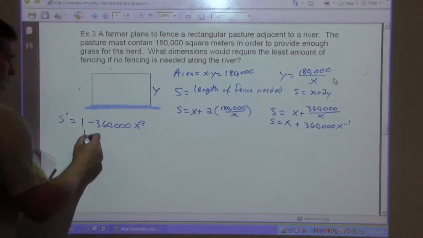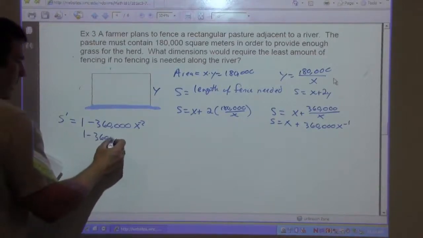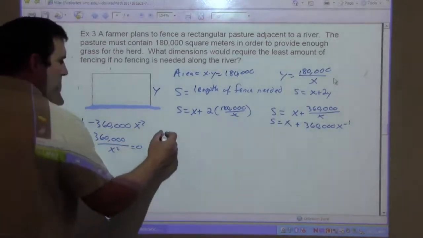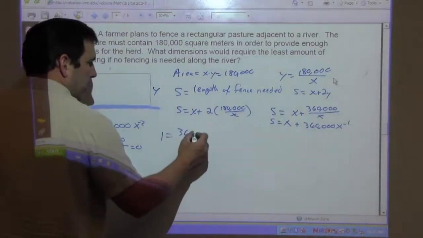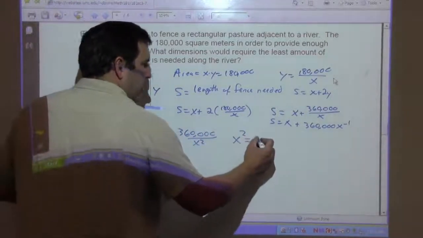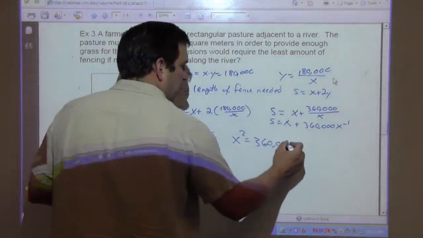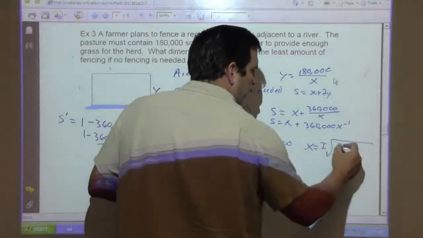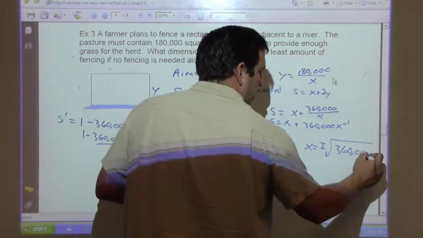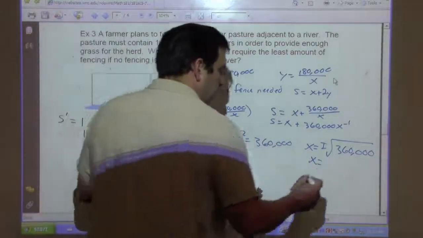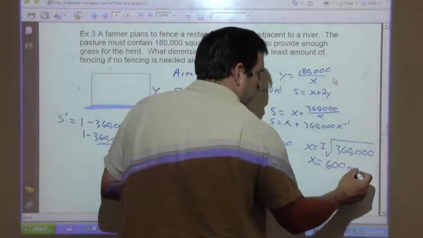So if we set 1 minus 360,000 over x squared equal to 0, we have 1 equals 360,000 over x squared. So x squared equals 360,000. So x would be equal to plus or minus the square root of 360,000. We'll just go with the positive because the negative doesn't make sense, 600 meters.